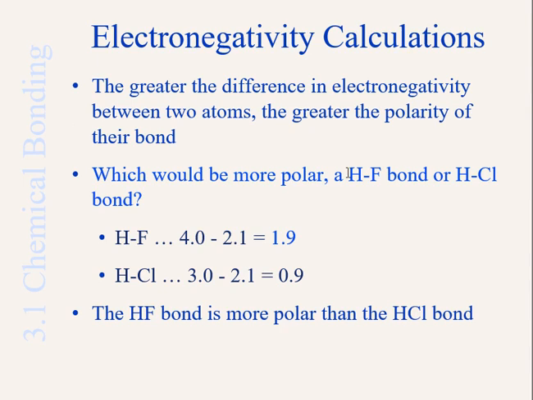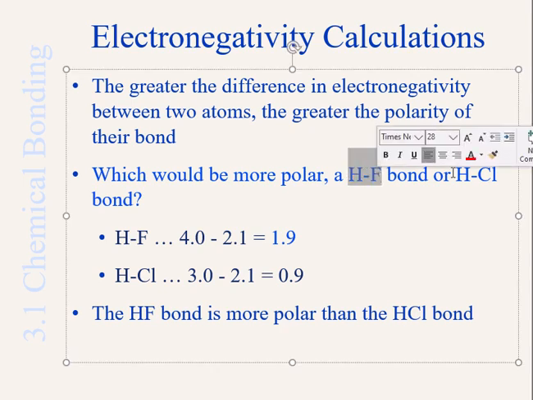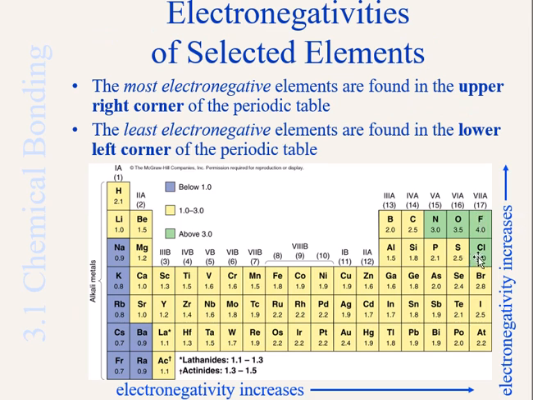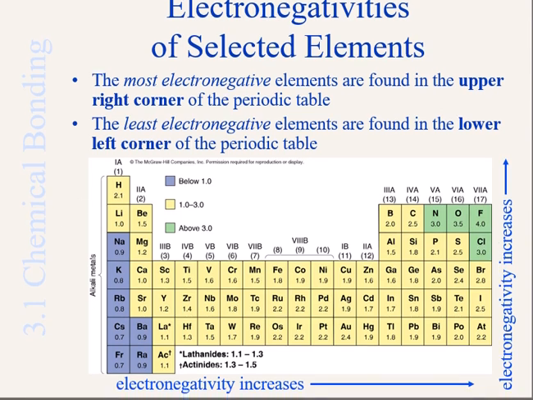Well, let's compare the hydrogen and fluorine bond with the hydrogen and chlorine bond. If you look in the table for the electronegativity values of the elements, fluorine is 4.0, chlorine is 3.0, hydrogen is 2.1. Keep this in mind, and let's go and look at the bond.